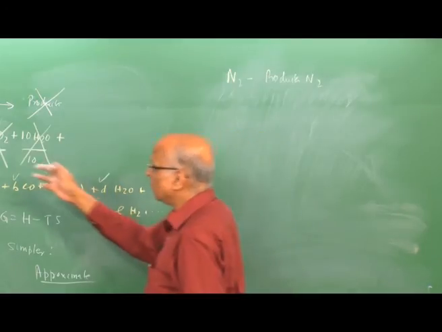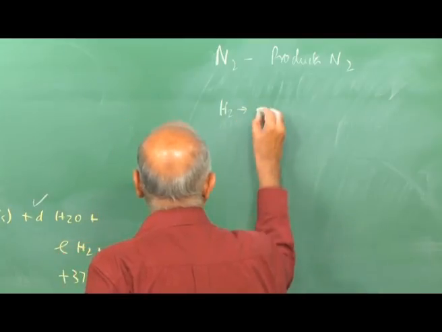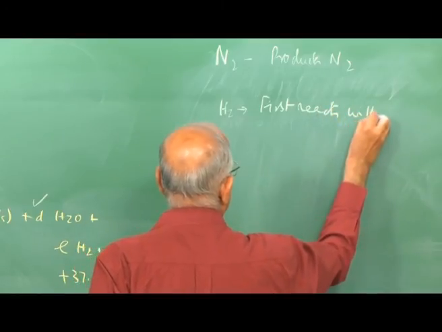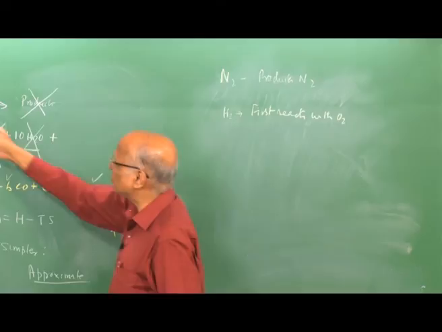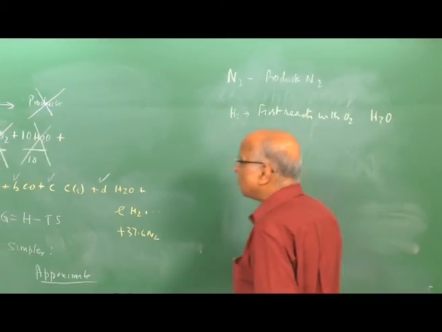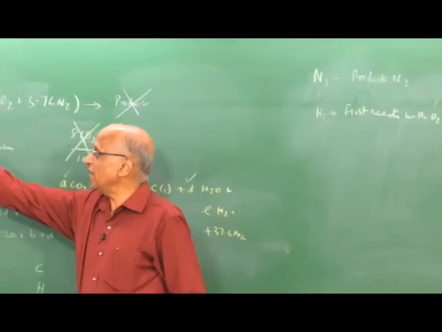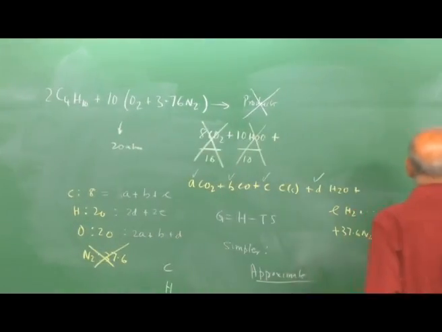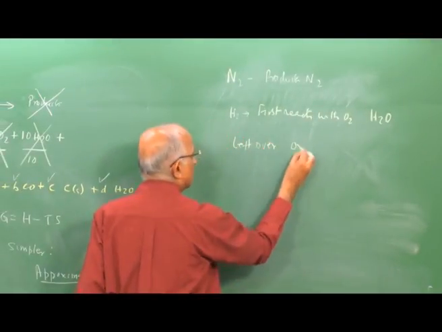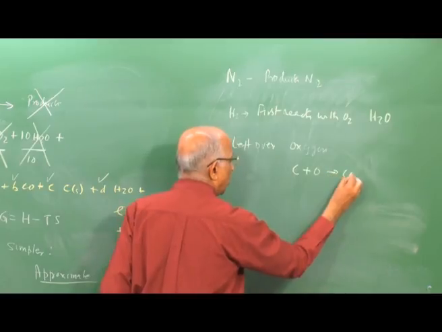Then, if I have in the fuel carbon and hydrogen, hydrogen being more reactive first reacts with oxygen, it tries to consume as much oxygen as it requires to form water, and after forming water, if some oxygen is still left, the leftover oxygen reacts with the carbon to form carbon monoxide.